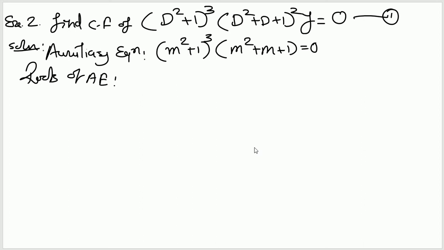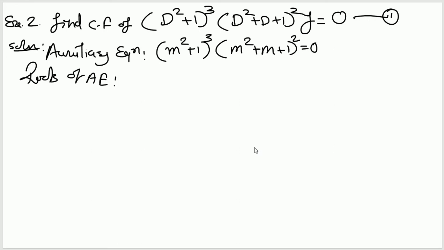It is (m^2 + 1) raised to 3, so the degree is 6 for first term, and for second term it is squared here, so 4. So the degree of this polynomial equation is 10. That means this will have 10 roots, and the solution will contain 10 arbitrary constants. So now we have to find all 10 roots.